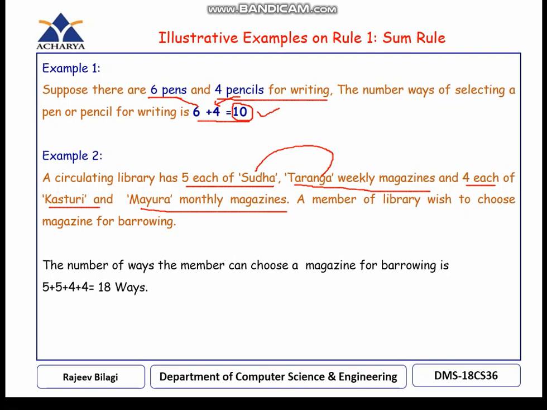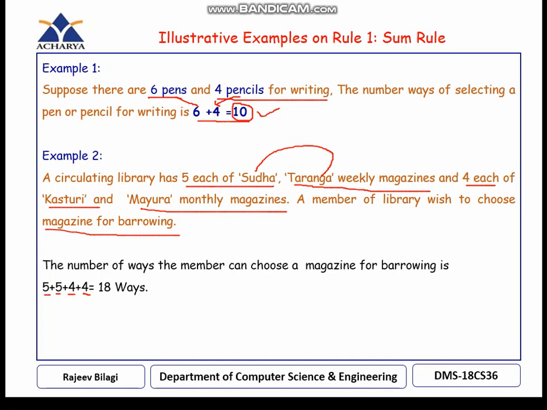A member of the library wishes to choose a magazine for borrowing. So how many possible ways are there? Five for Sudha, five for Taranga, four for Kasturi, and four for Mayura.